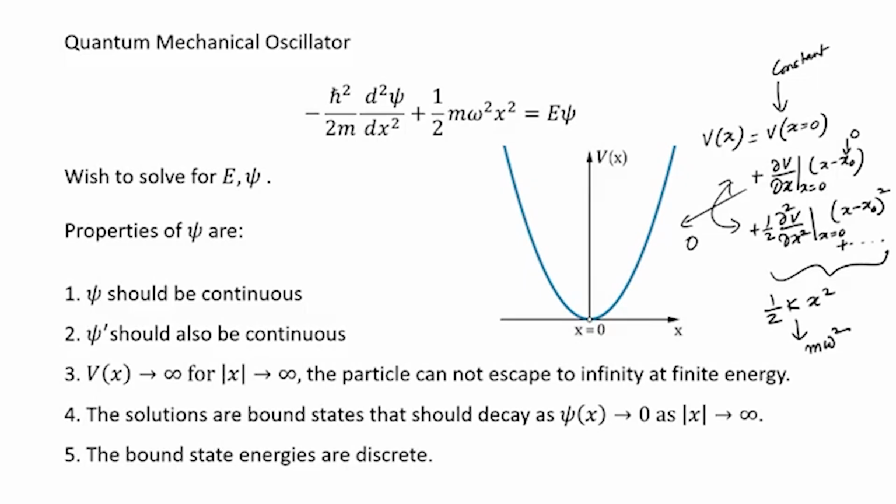So, half m omega square x square is the potential that the particle will feel in this kind of potential well. It is a harmonic potential well, and the particle cannot escape, so the eigenstates will be bound states, and we will have to calculate the quantization of energy inside the well.